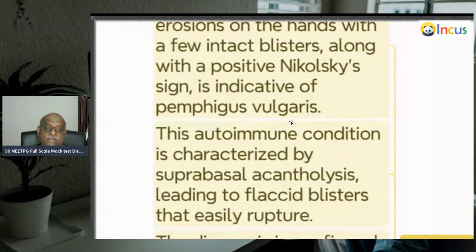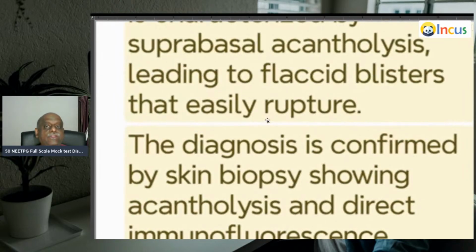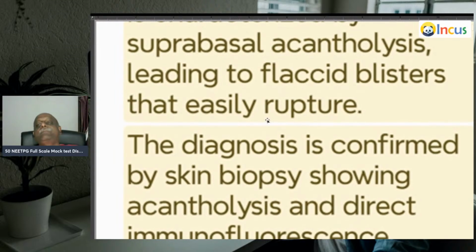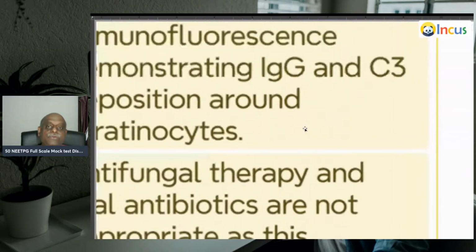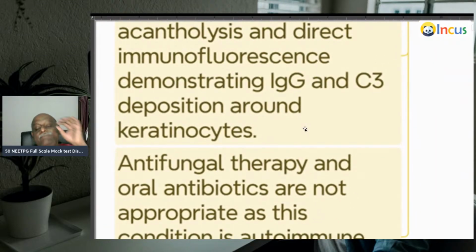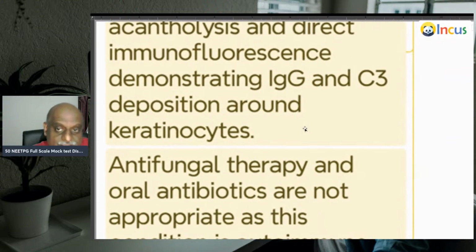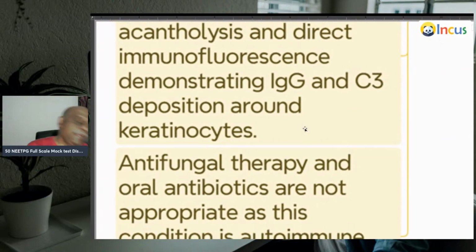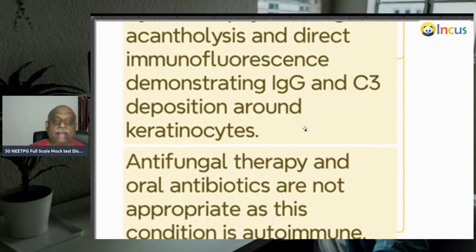There is suprabasal acantholysis leading to flaccid blisters that easily rupture, which is a very characteristic feature. If you do a skin biopsy in pemphigus vulgaris, what do you see, doctor? We see immunoglobulin G and C3 deposition around the keratinocytes, a very characteristic feature.